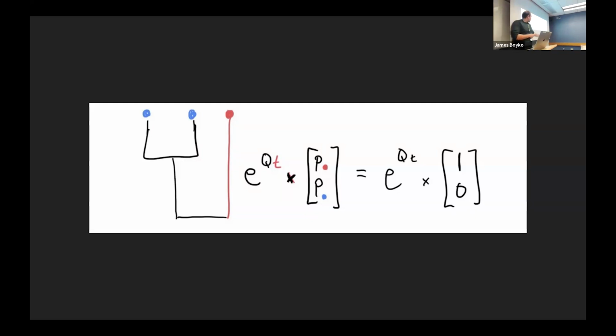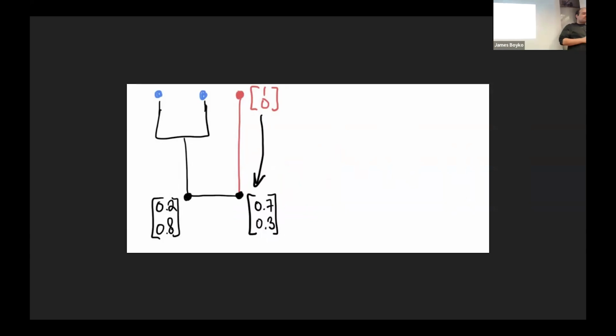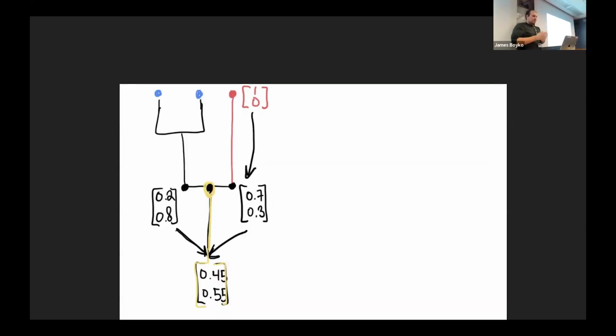Multiplying these together gives me a new probability that I've rescaled for this particular branch. You can repeat that for the other side, and we'll just ignore these two here. Let's say we get the probability at this particular branch of 0.2 and 0.8. We can combine those probabilities, and that gives us a probability for this particular node.